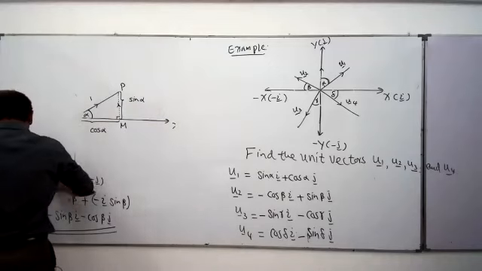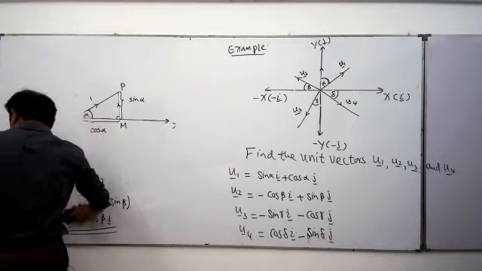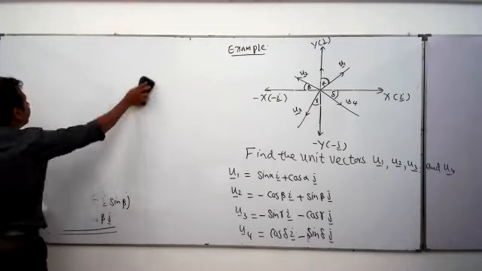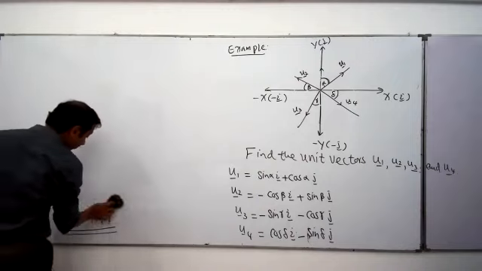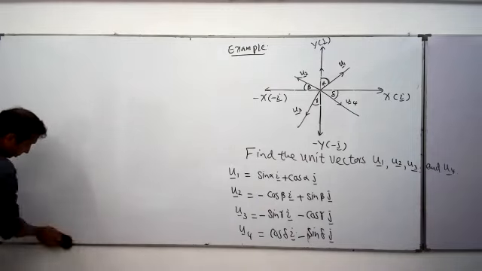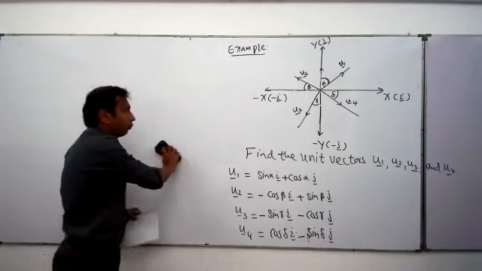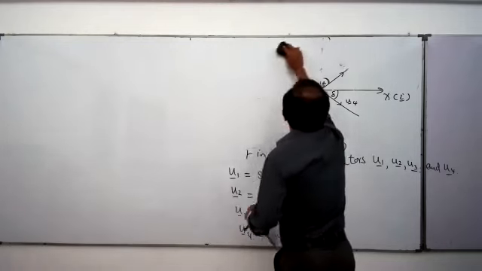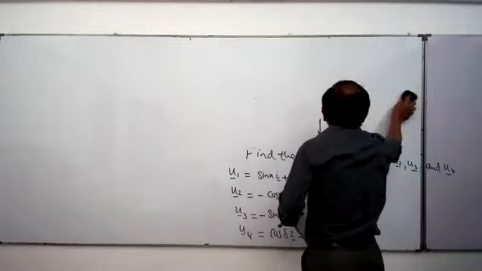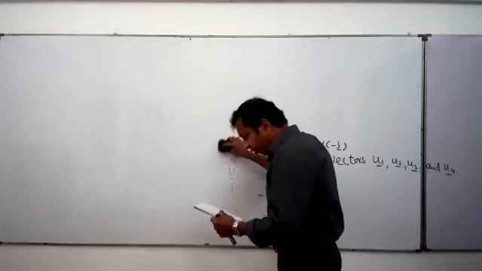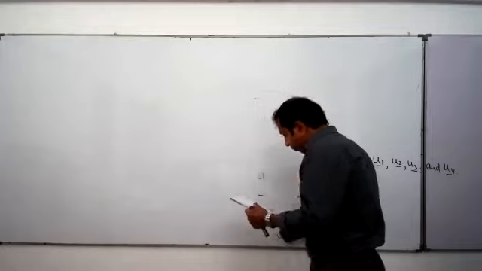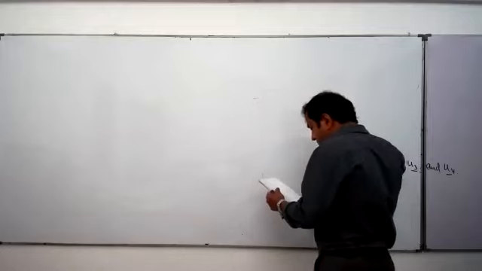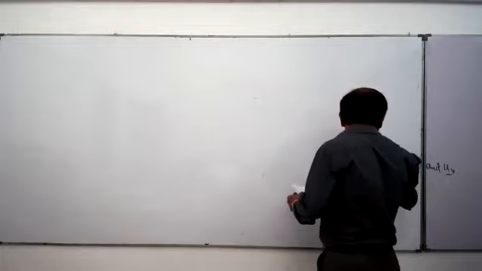Take your tutorial, people. Using the vector dot product, prove that cos alpha minus beta is equal to cos alpha cos beta plus sin alpha sin beta.